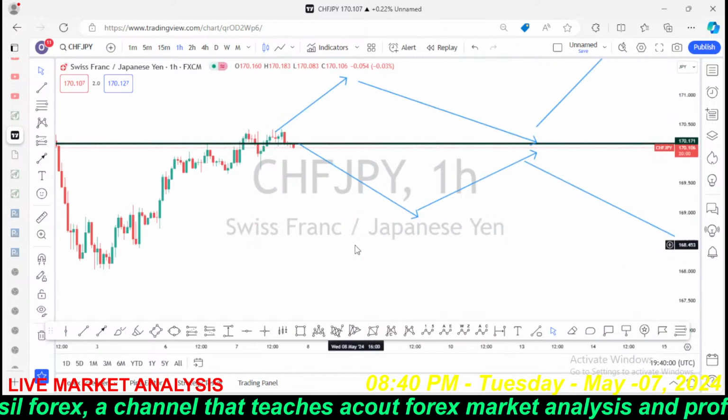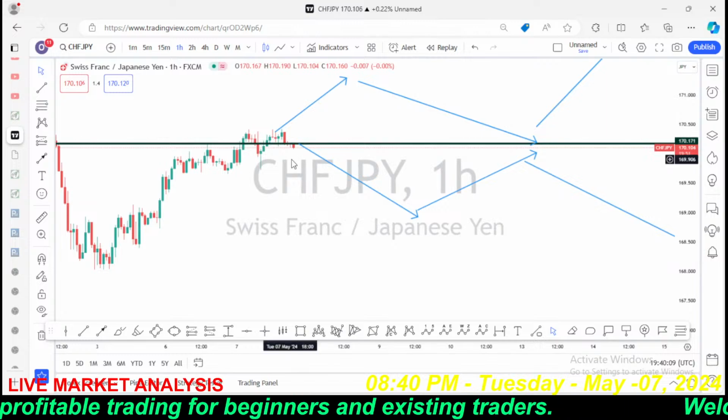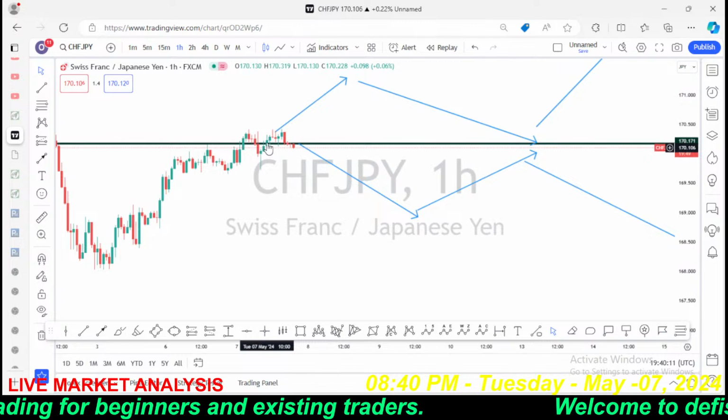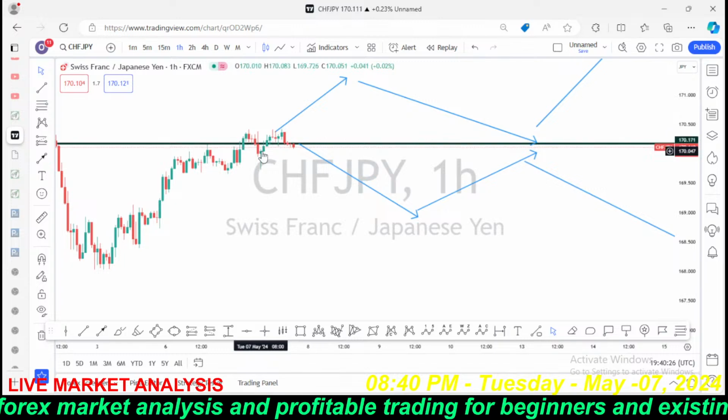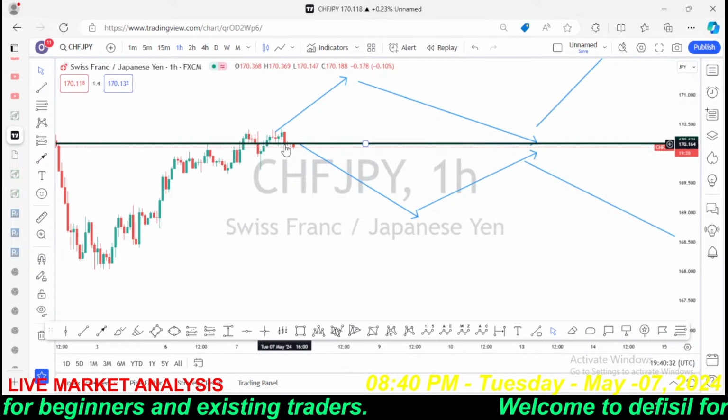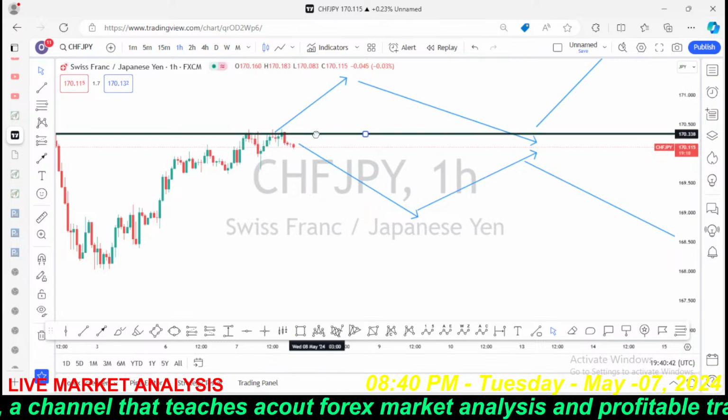Okay, so we have a doji, this looks like a gravestone doji over here, while this looks like a spinning top, then this looks like a hammer, and this looks like a dragonfly doji.